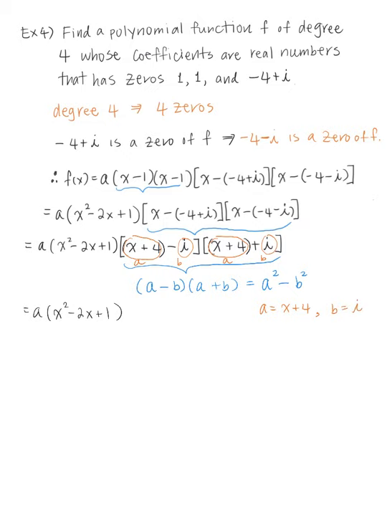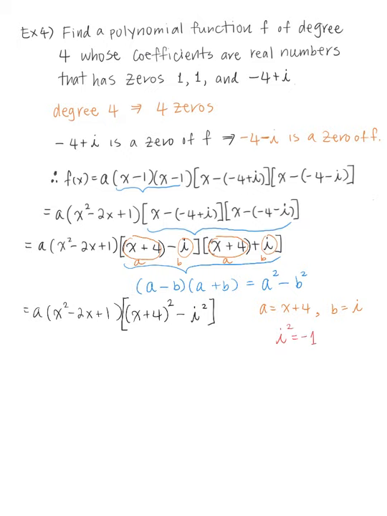So that whole thing is going to equal a squared, which is x plus 4 squared, and then minus i squared. Now remember that i squared was negative 1, correct?